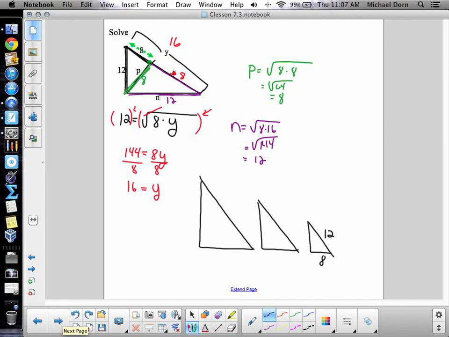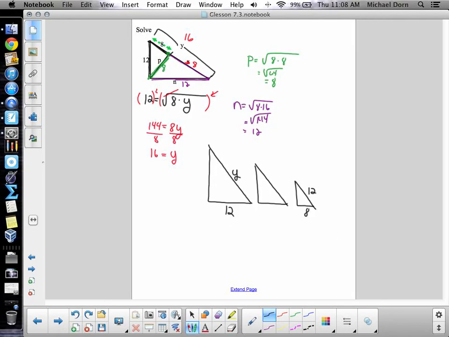In the middle triangle, I didn't know anything, nothing at all. In the large outer triangle, I had that the short leg was 12, and I had the hypotenuse is y, and the long leg is n. That doesn't help me very much, but we can see here, there's our proportion.